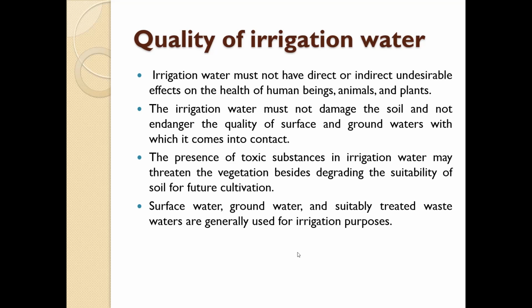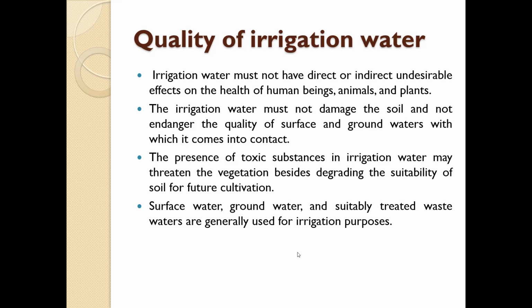The irrigation water must not damage the soil and not endanger the quality of surface and ground waters with which it comes into contact. The presence of toxic substances in irrigation water may threaten the vegetation besides degrading the suitability of soil for future cultivation.